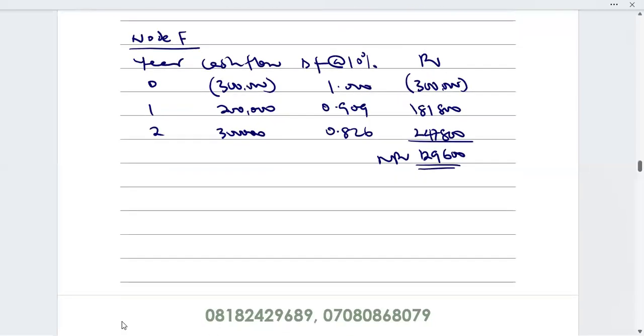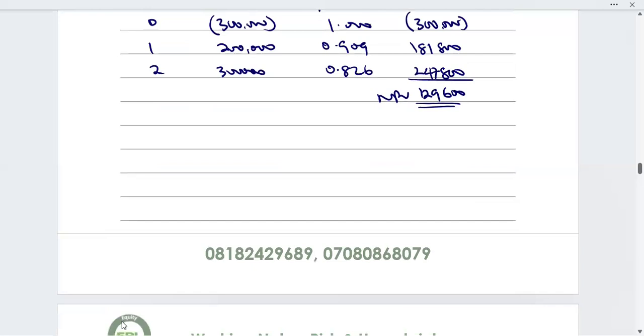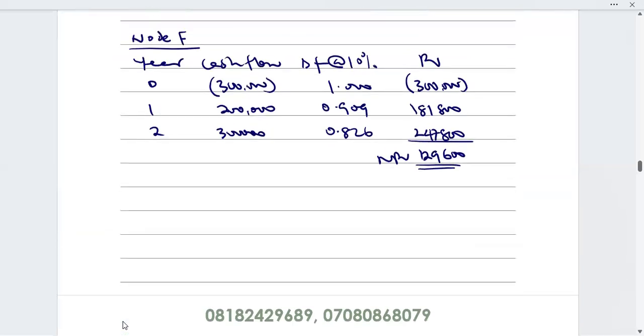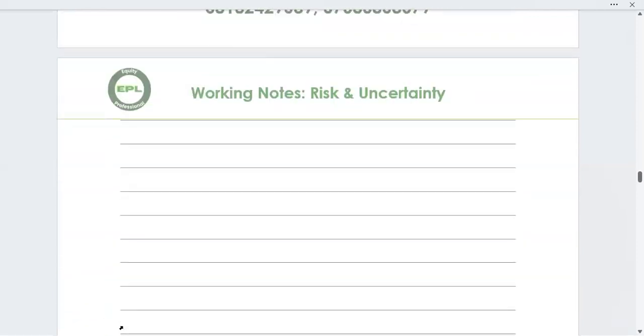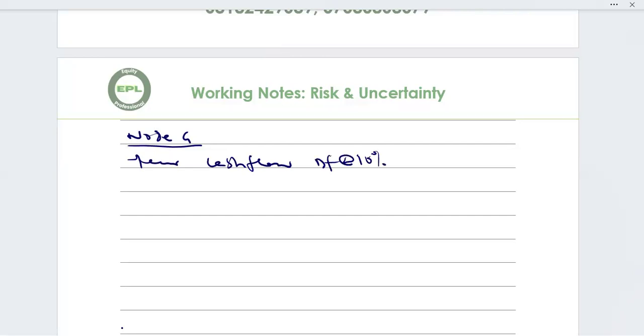Then node G. Let me use the other one. Cash flow, 10%.